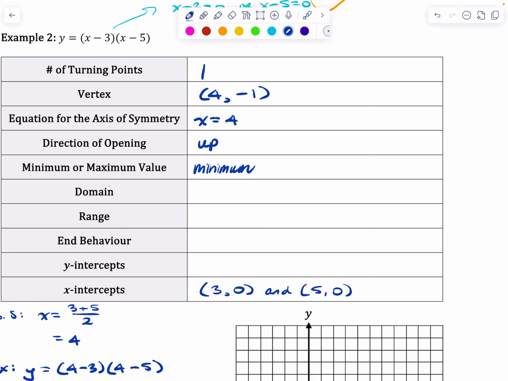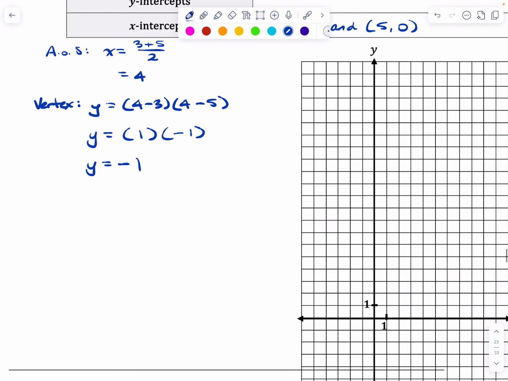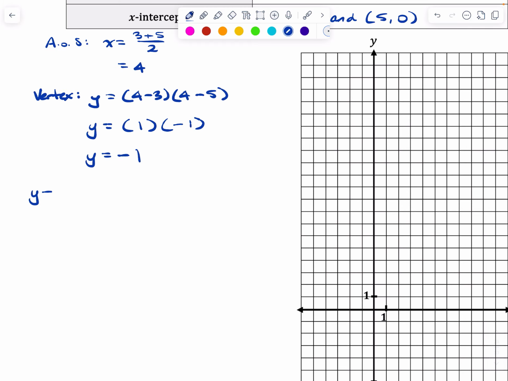We should also find the y-intercept, and that's y when x is 0.